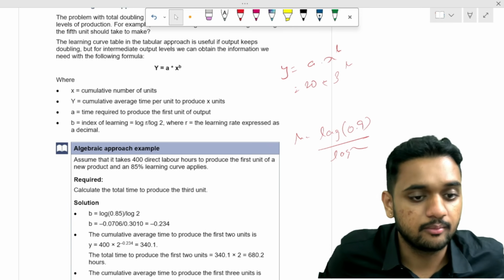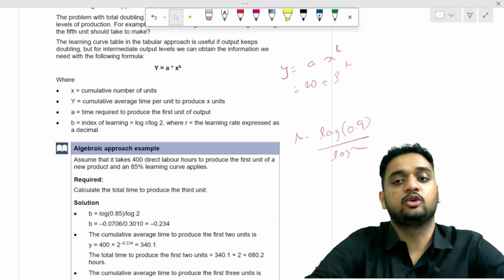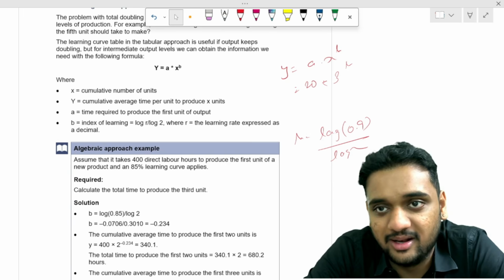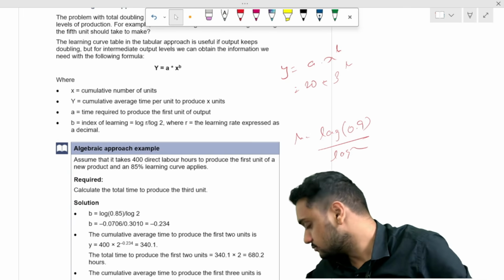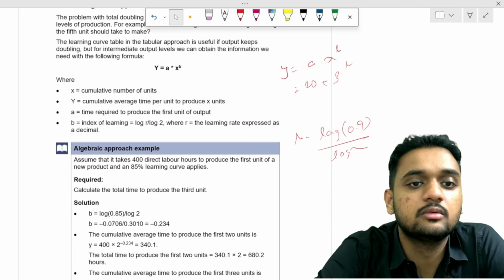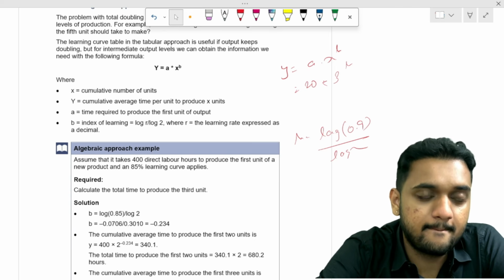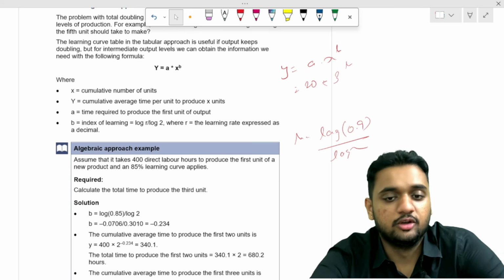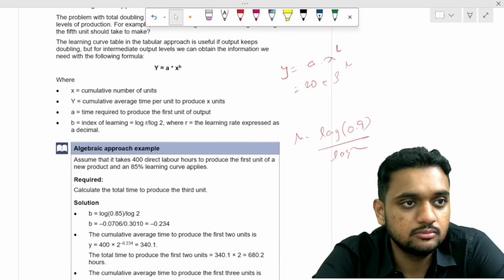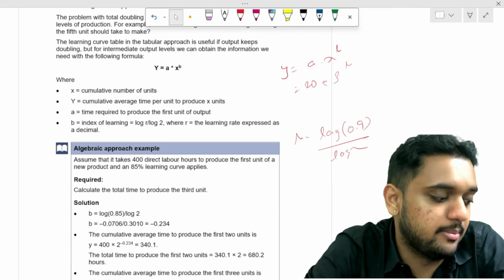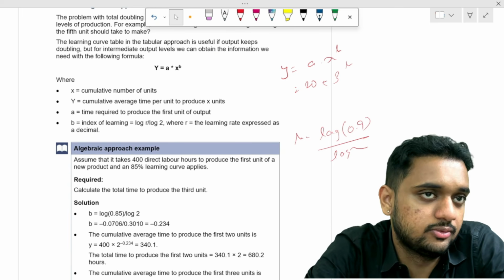B is minus 0.234. Find out the cumulative average time per unit for 3 units.